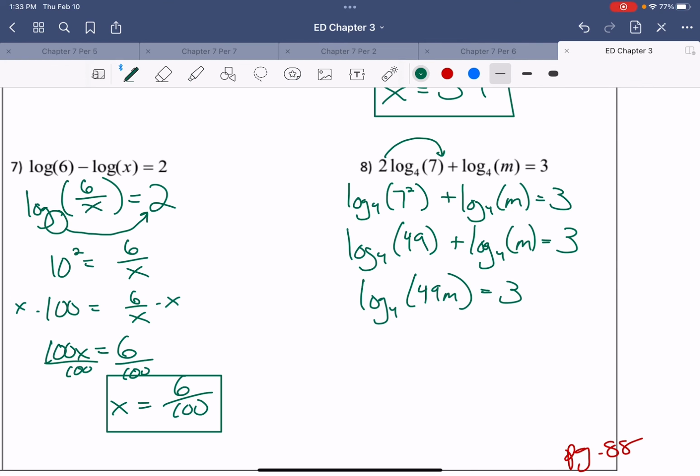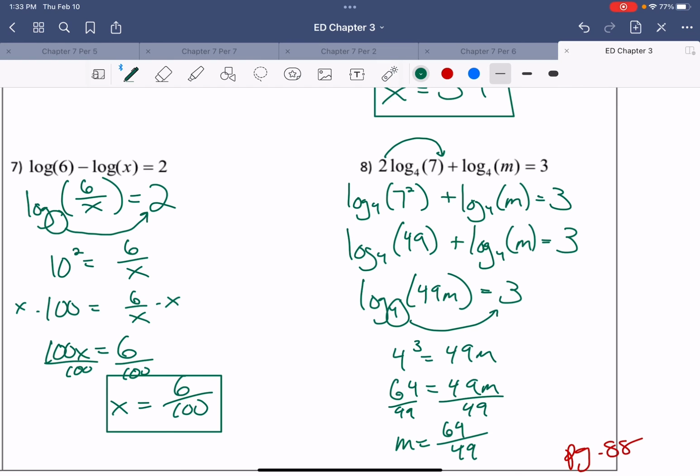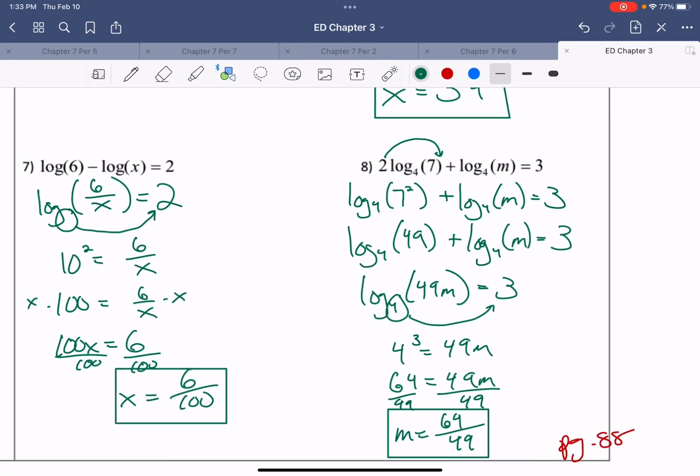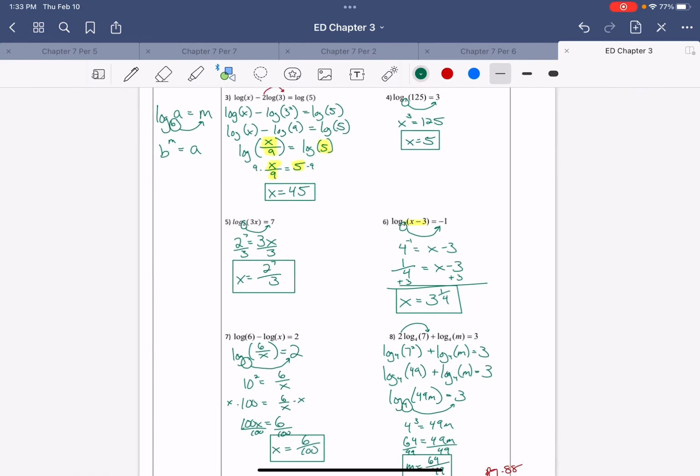Now I can rewrite it as an exponent. 4 cubed equals 49m. 4 cubed is 64. To get m alone, we divide by 49. M is going to equal 64 divided by, make sure you can read yours, 64 divided by 49. And that's the answer.